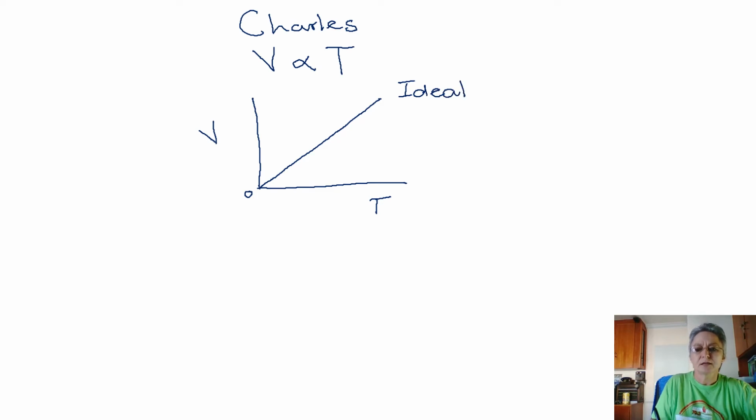Now an ideal gas, like we know, has particles that have no volume, and so the volume of the gas is just determined by where these particles are moving, and there are no forces. And the collisions are elastic.